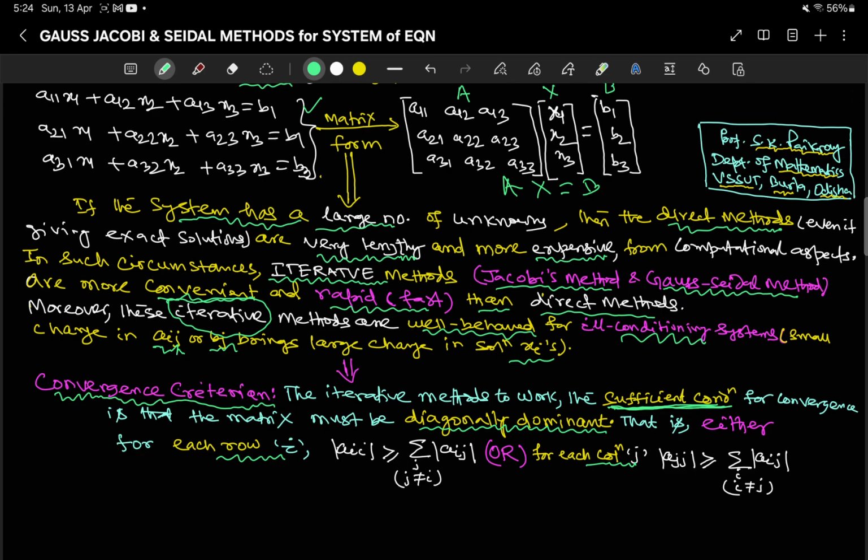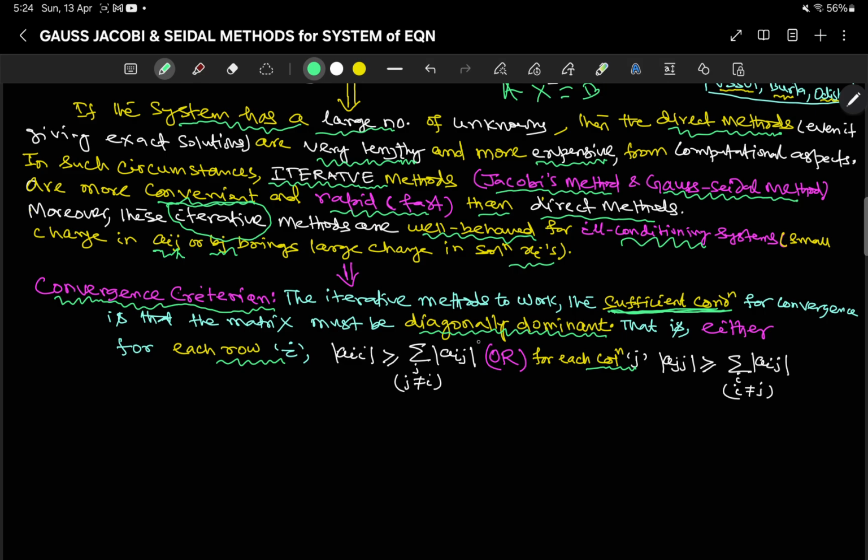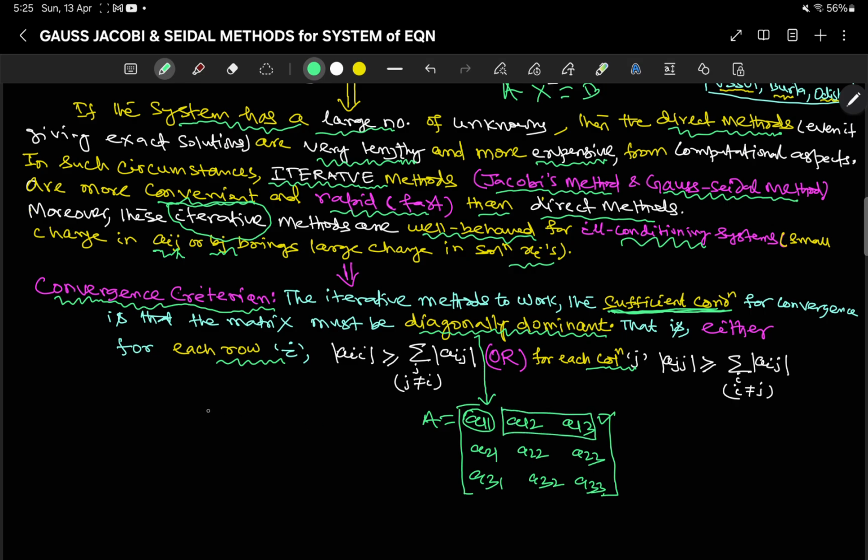So the diagonally dominant matrix can be viewed as follows. Here A is equal to A11, A12, A13, A21, A22, A23, A31, A32, A33. So this is the matrix given. Now row-wise, for the first row, A11 should be greater than or equal to the sum of these two. I should have |A11| greater than or equal to |A12| plus |A13|.